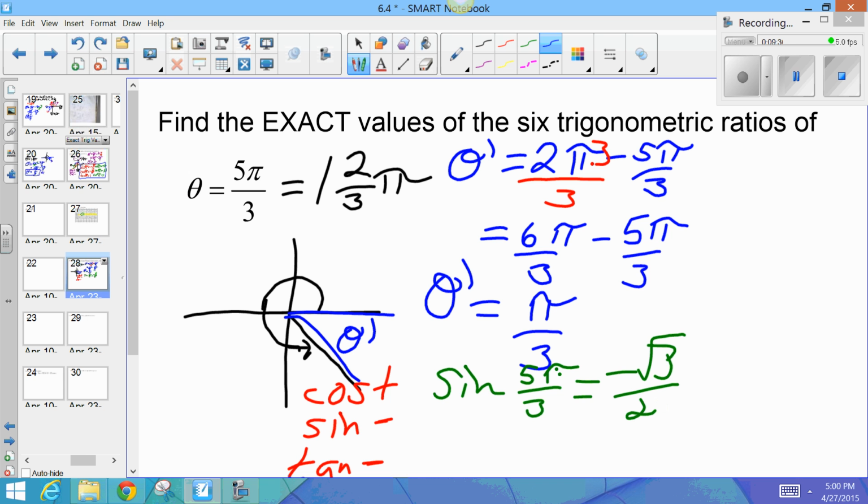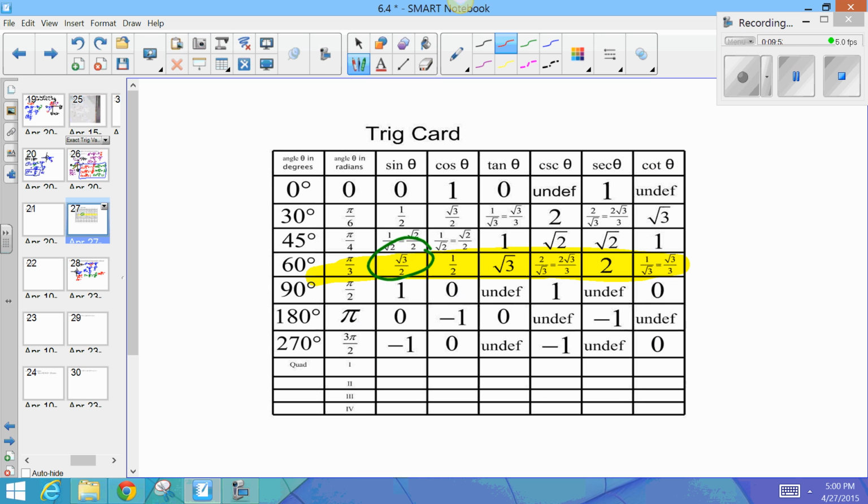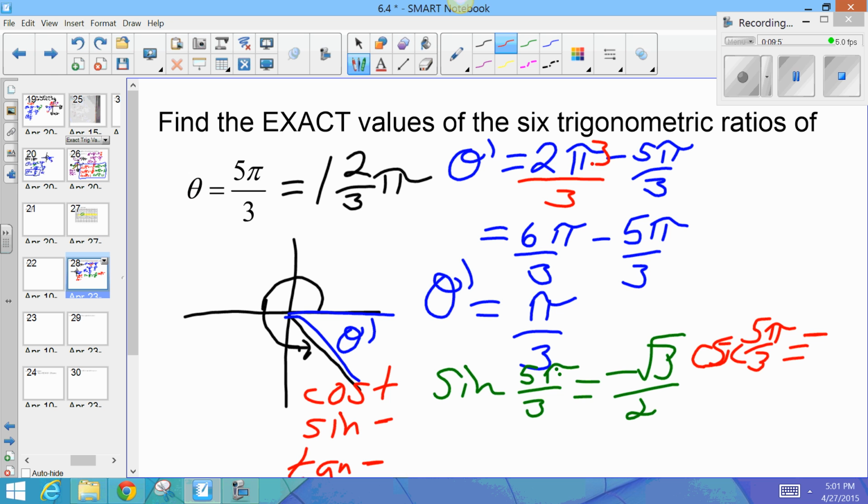I'm going to do the reciprocal too. The cosecant of 5 pi over 3 is going to be negative, and the reciprocal is 2 square root of 3 over 3.